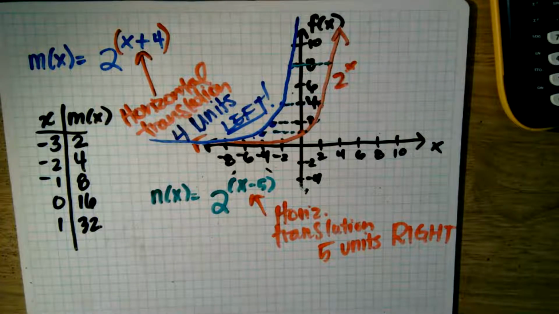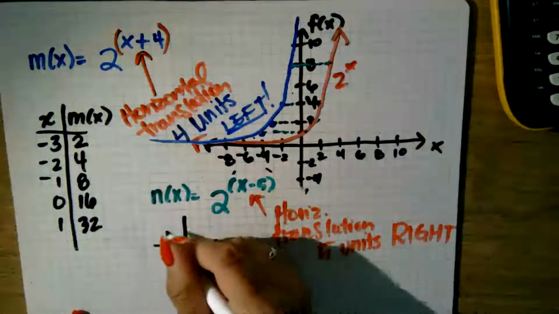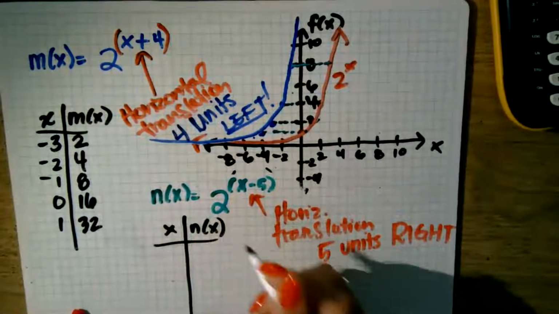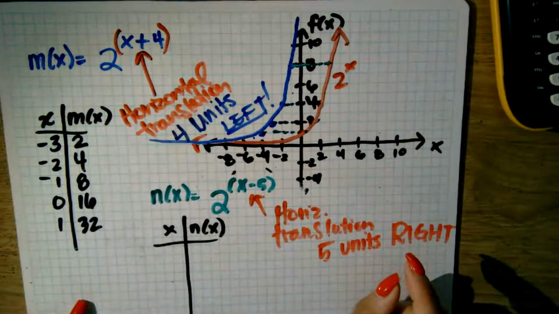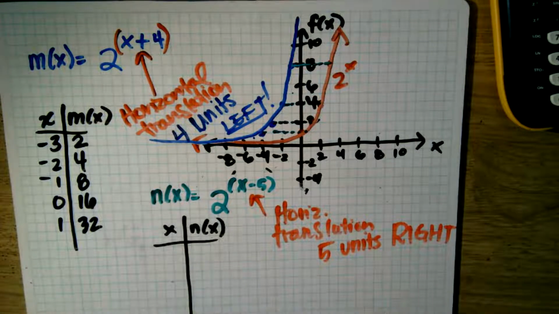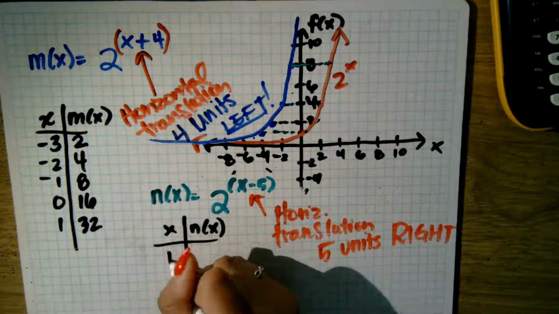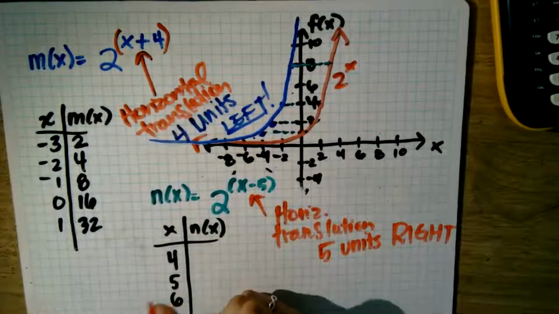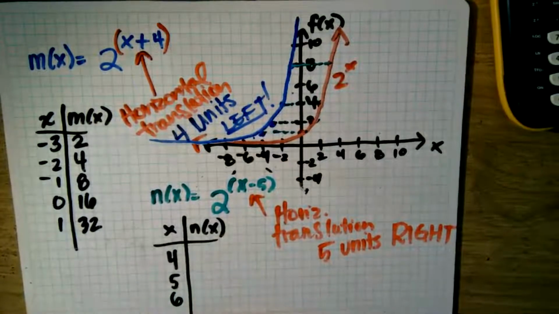So let's make a table of values for this guy. x, n of x. We'll do 4, 5, 6, and then we'll do 7 and 8 just to see what we get. Okay?